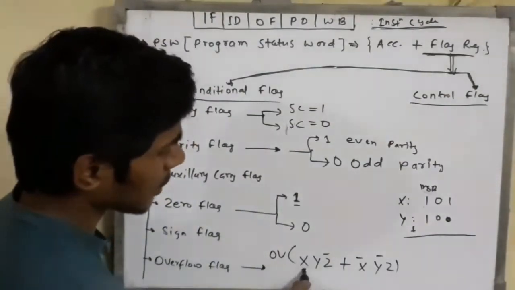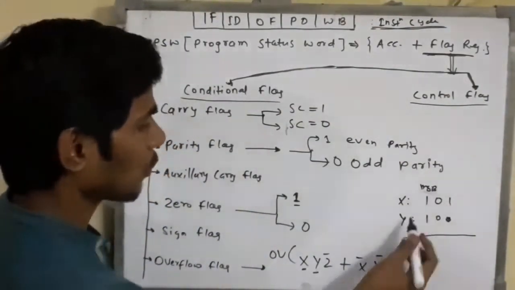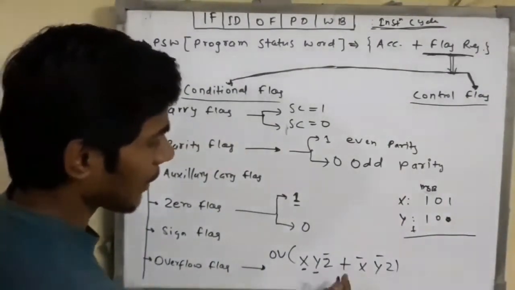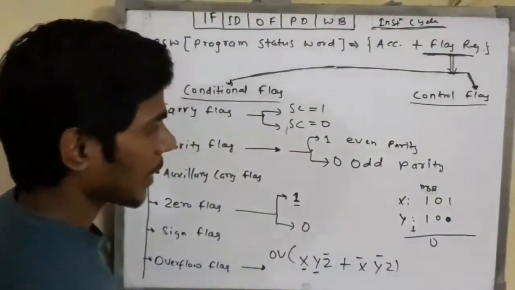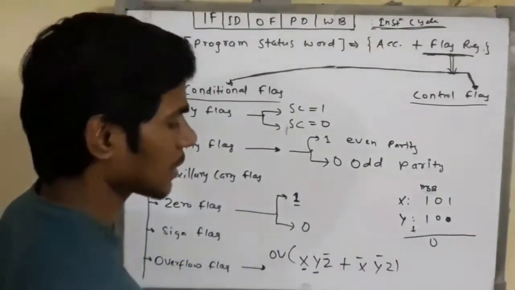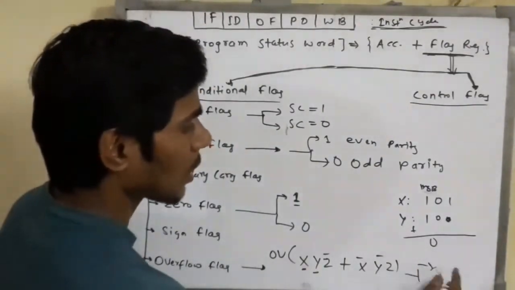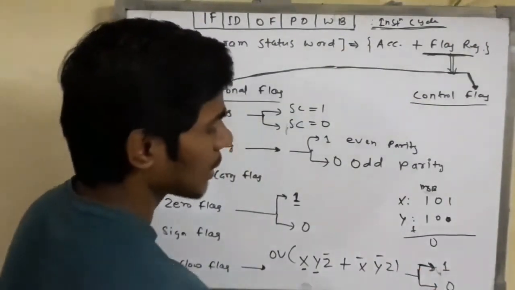If x is 1 and y is 1, and after performing the operation we find the value as z bar, that is, the resultant is going to be 0, in the MSB bits, then the overflow flag will be set to 1, otherwise 0.